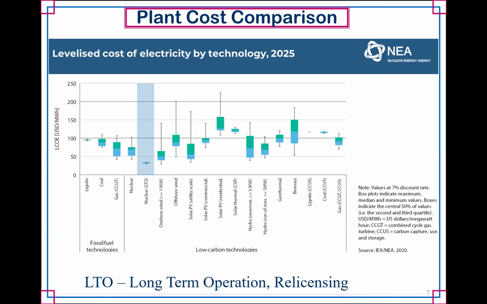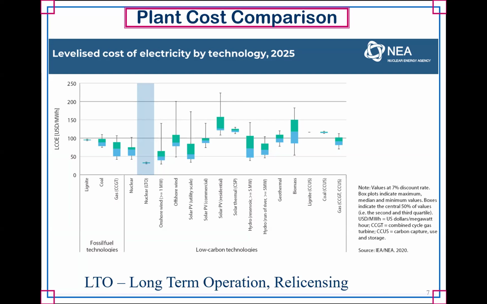If you look at running these for extended periods of time, you can see that the cost drops precipitously. If you compare it to the nuclear option without the relicensing, the costs go up quite a bit higher, but still fairly cost competitive. Then you can start to compare some of the more typical ones. Coal plants tend to be very economical, but coal plants are getting harder and harder to build because of the amount of emissions that are produced.